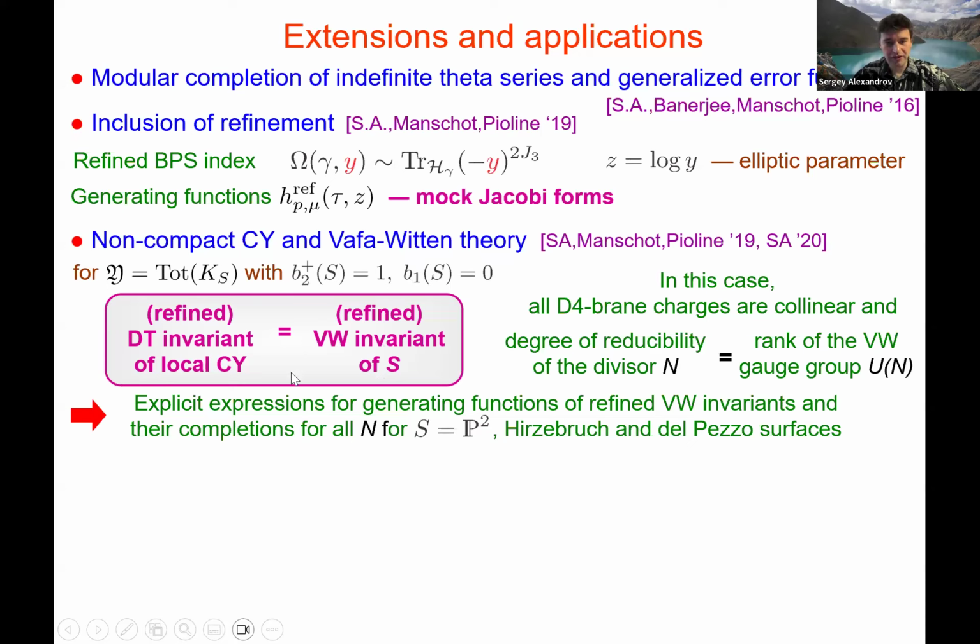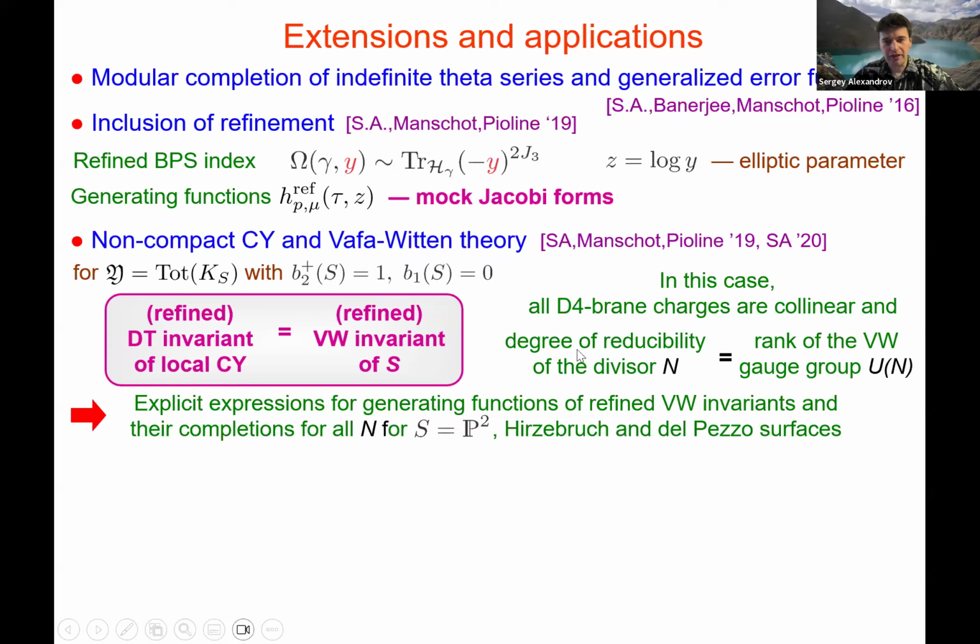For SU(N) gauge group, the variable n coincides with the degree of reducibility of the divisor, and the role of the divisor is played by this surface S.